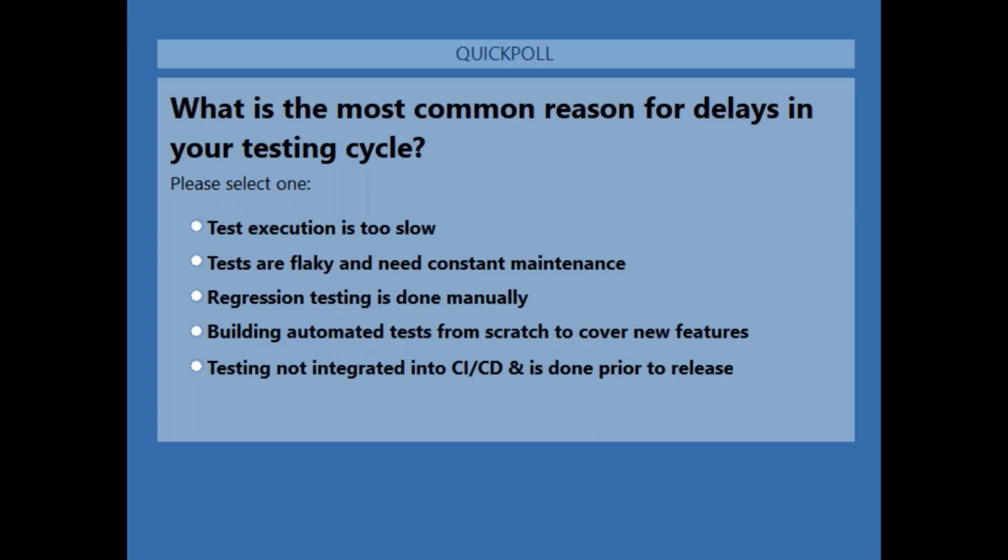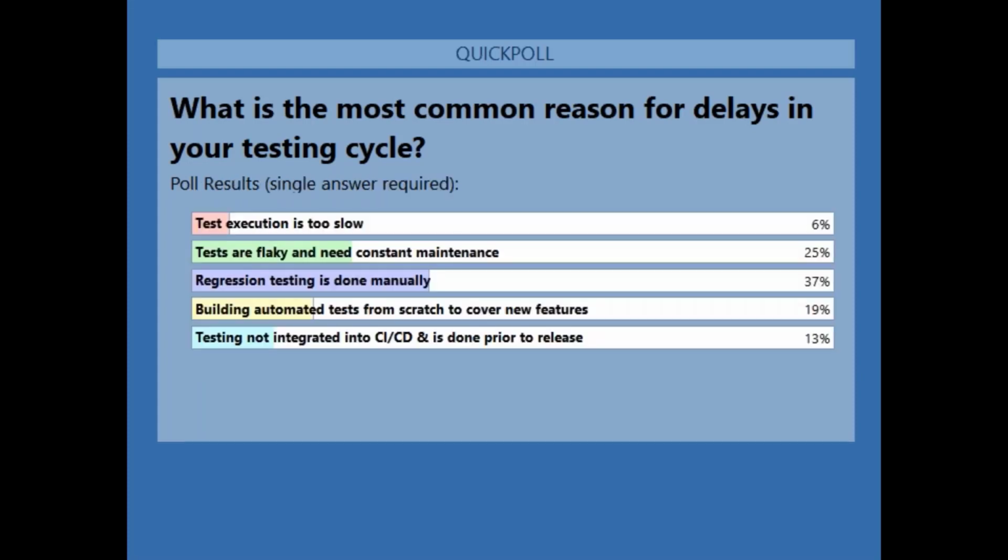Now it's almost parity between regression testing is done manually and tests are flaky and need constant maintenance. Logical answer. And I see that also building automated tests from scratch is building up some popularity too. All right, now the poll is closed and you can see the poll results yourselves as well.